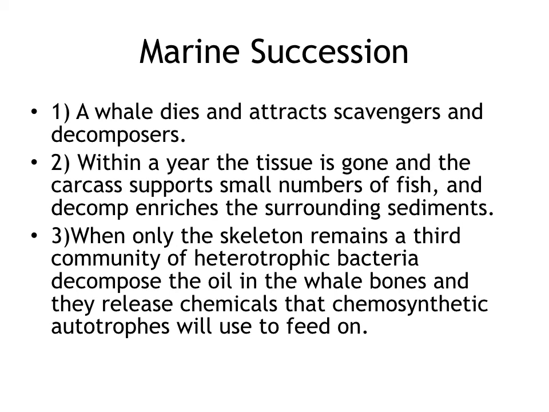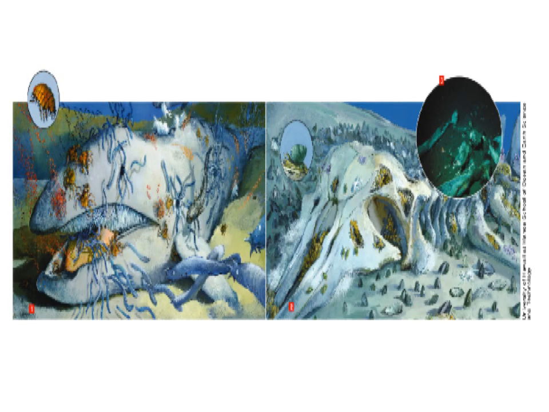And when only the skeleton remains, a third community of heterotrophic bacteria decompose the oil in the whale bones and release chemicals that chemosynthetic autotrophs will use to feed on. And here's a diagram of marine succession occurring. Okay, so it's a change in how the ecosystem is held up and helped by the death of a whale.